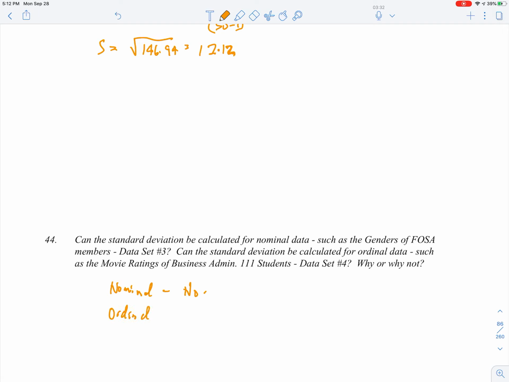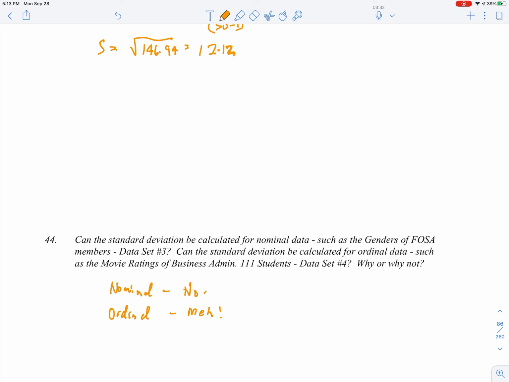Ordinal data is, the answer is meh. And so remember the argument that we had for calculating a mean for ordinal data. So what's the average movie rating, say on IMDb? And you can come up with a particular rating here, but you don't want to take it more than one decimal places.